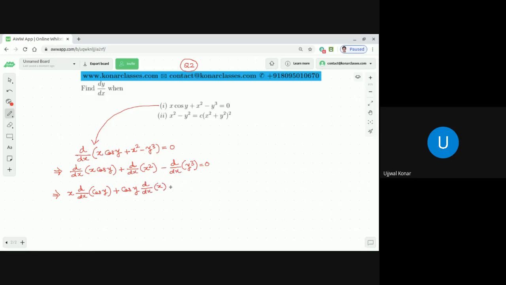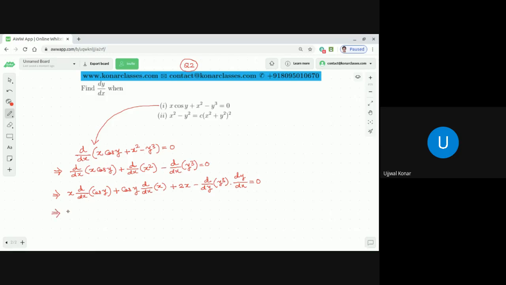d/dx of x squared, we know that is 2x, minus d/dx of y cubed. So chain rule: d/dy of y cubed into dy/dx. Correct. That is equal to 0. So this implies what?